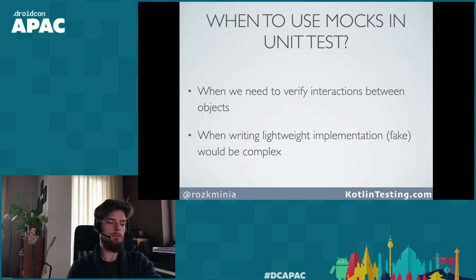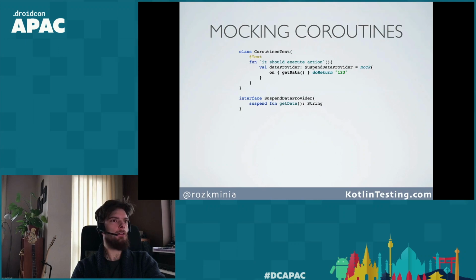And also we should remember that Mockito is a Java framework, and especially nowadays in the Android world, we use Kotlin. And unfortunately, a Kotlin-specific feature, coroutines, is not directly supported by Mockito.